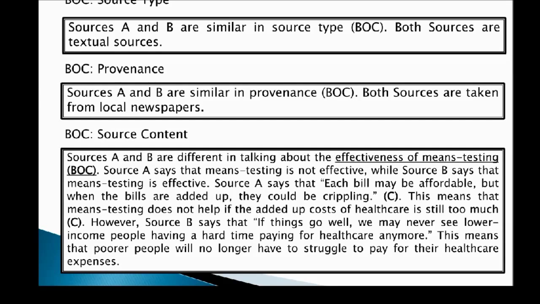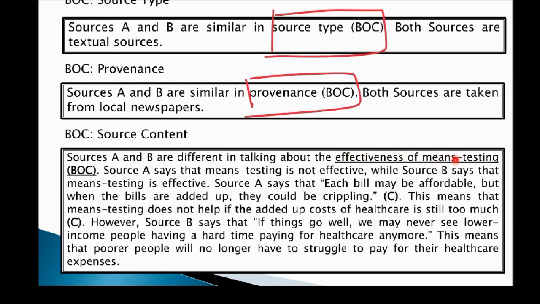Okay, so now the first thing I need you to notice is the starting sentence. You start off with similar in source type. Remember the T-chart, the center, source type. Similar in provenance. Over here, you do not say similar in source content.